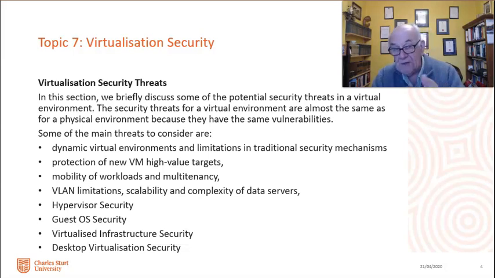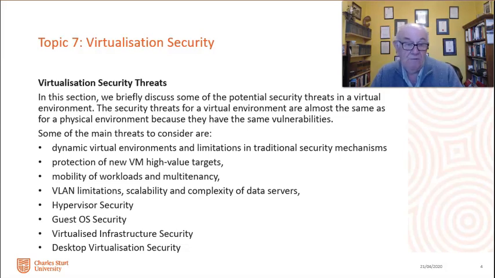So we also need to look at hypervisors. The standard old physical box didn't have a hypervisor, so it didn't have any security issues around that. There are security issues around that. There are security issues around the guest operating systems because you may be running more than one operating system on a host. You could be running a mixture of Windows Server, Red Hat Enterprise Linux, SUSE, etc. So there can be a number of different operating systems, and keeping them all patched can be interesting.